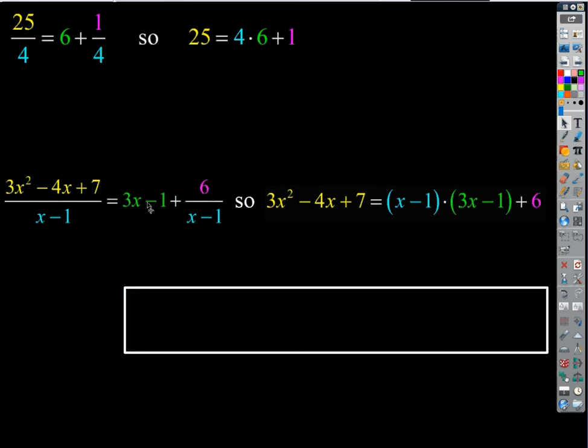So the answer would be 3x minus 1 plus 6 over my original denominator. But that also means then that 3x squared minus 4x plus 7 must equal x minus 1 times 3x minus 1, but that's not quite all the way there. Then I need an additional 6 to get there because it didn't divide in evenly, right? Okay?